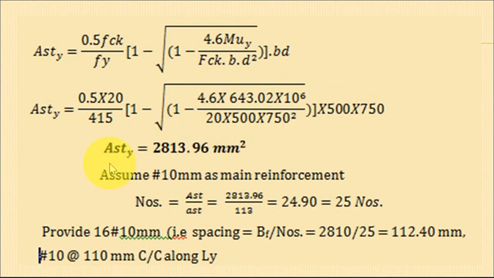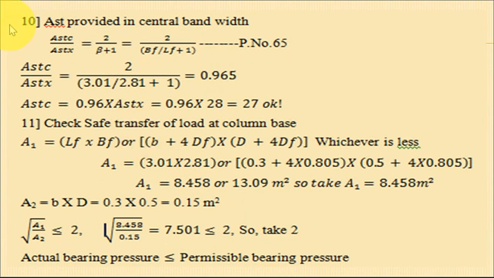Similarly, along the y direction, we can find the Ast and the number of bars, here 25. Then we can find the spacing using the same procedure. Then we can find the Ast provided in the central band width, because the footing is rectangular.